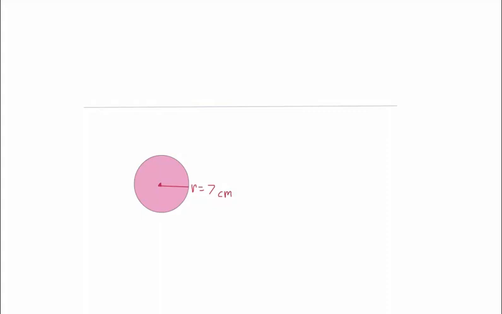So if we wanted to find the circumference of the circle, we would write out the previous formula we just learned, which is C equals 2 pi r, which is equal to 2 times 3.14 times 7.